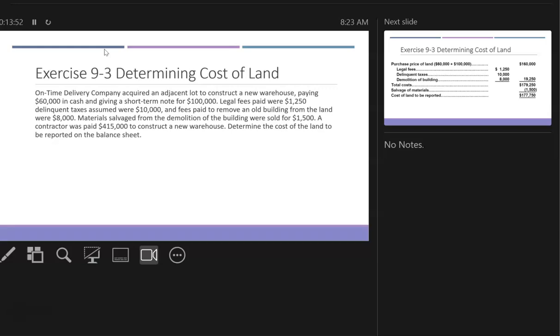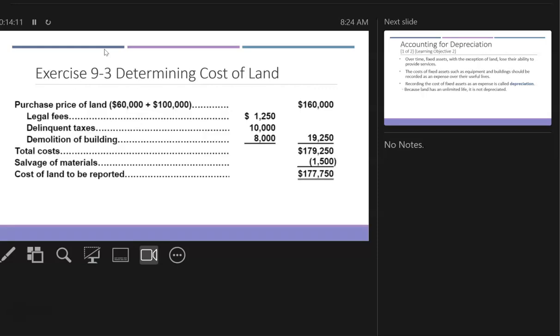Fees paid to remove an old building from the land were $8,000. Materials that were salvaged from the demolition were $1,500. A contractor was paid $415,000 to construct a new warehouse. What's the cost of the land that's going to be reported on the balance sheet?